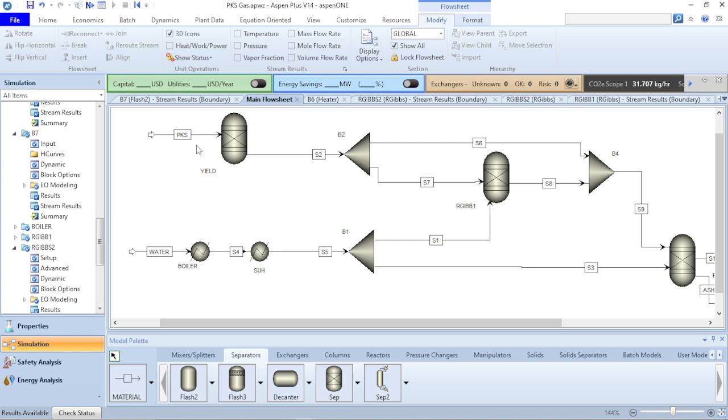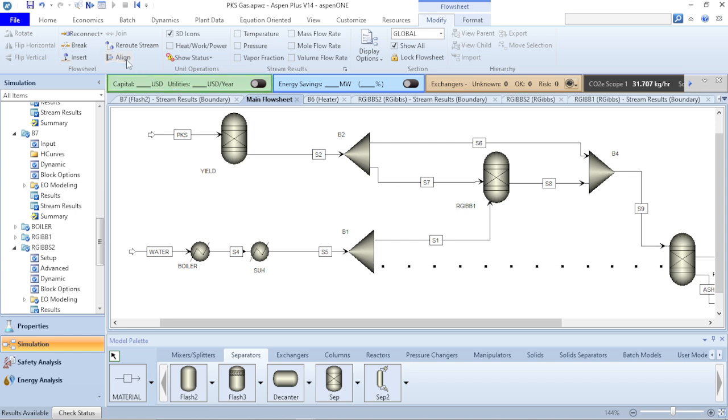You can just change the feed. Remember you have to first do the yield calculation, put it into the elemental form, before you can continue, depending on the carbonaceous material you're using. You can try coconut shell as well, and then get your results.